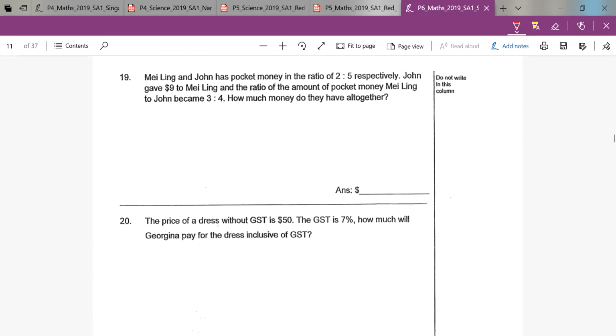Question 19. Mei Ling and John have pocket money in a ratio of 2:5 respectively. John gave $9 to Mei Ling, and the ratio of the amount of pocket money Mei Ling to John became 3:4. How much money do they have altogether?